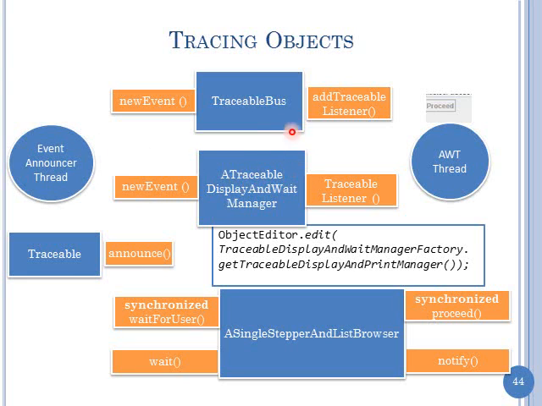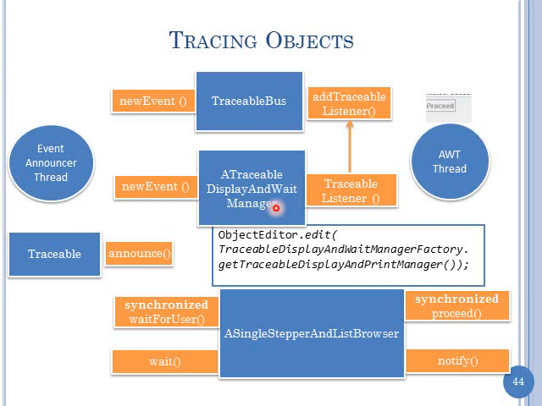This is my traceable bus, which is my message bus. We can announce a new event to it, and we can register ourselves as listeners. So this guy, traceable display and wait manager, happens to be a listener that I wrote on top of the bus that adds itself as a listener to all events that occur there.